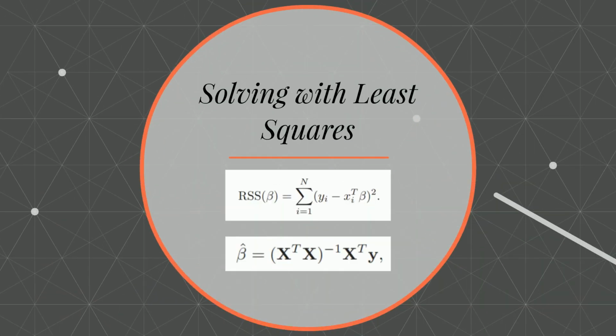So, solving with least squares. Again, least squares is one of the best methods that we have to estimate our parameters beta from our training data. In this method, we first pick the coefficients beta to minimize the residual sum of squares, which we talked about in the previous video, linear methods for classification.